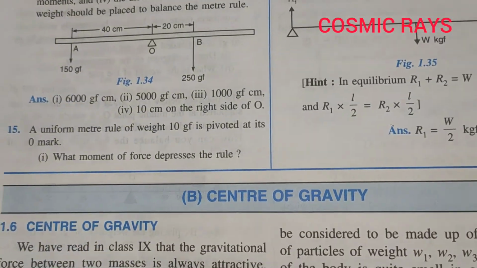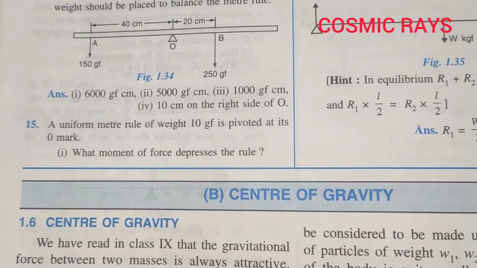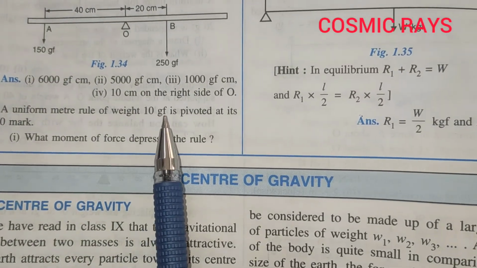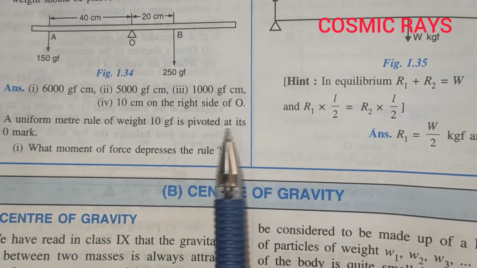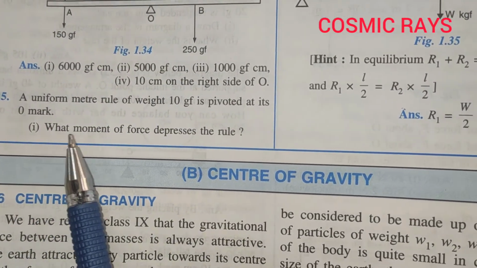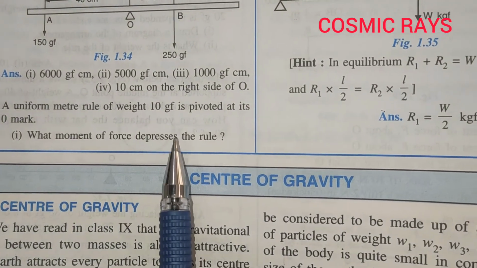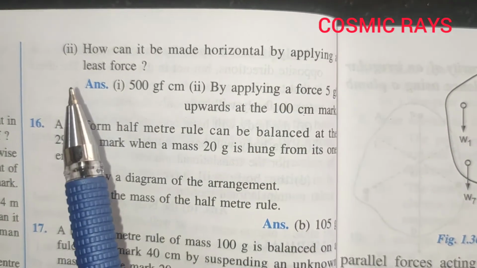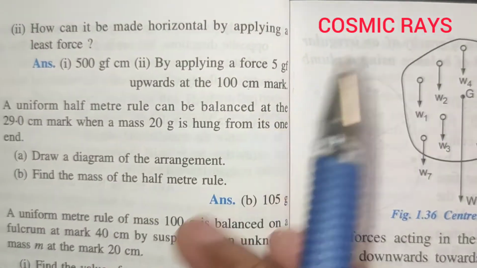Now let's take a look at question number 15. It says a uniform meter rule of weight 10 GF is pivoted at its 0 mark. Now what moment of force depresses the rule, and we also have to find how can it be made horizontal by applying a least force.